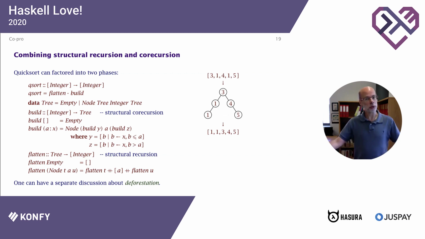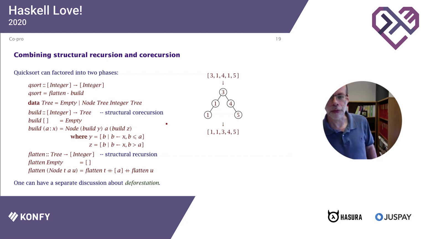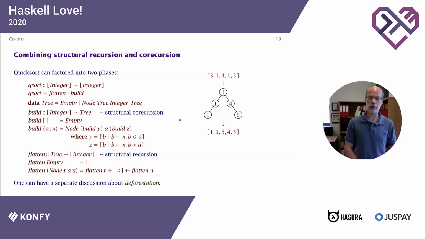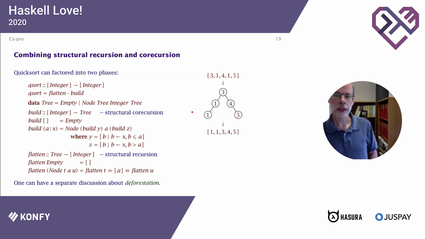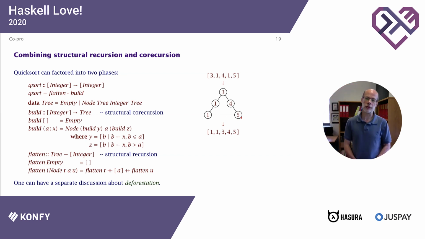So that grows a tree, and if you do it with 31415, which has been my running example, it turns out that you get this tree. You picked 3 as the pivot, and then you make a tree out of the little things and a tree out of the big things. And then all you have to do is flatten that tree. It's a binary search tree. It's in order from left to right. So when you flatten it, you get a list that's in order from left to right.